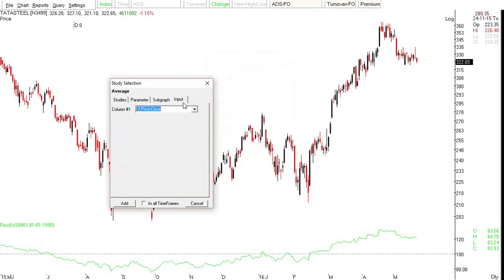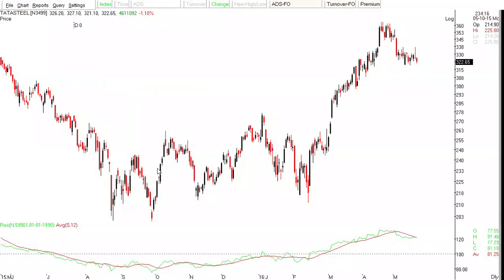My input would be that I am calculating the moving average of RSC, not the moving average of price. So amongst this, I want to drop a simple 12-day moving average. I choose RSC and I add it.